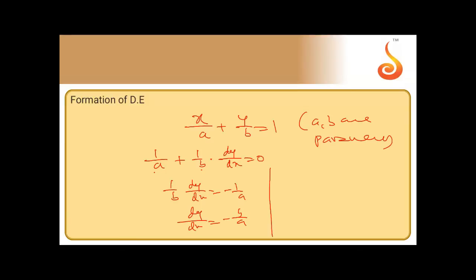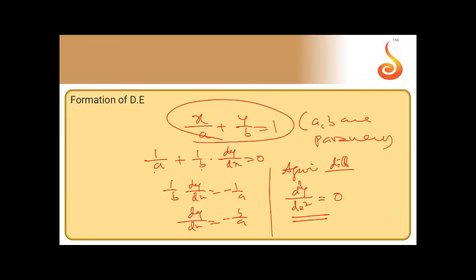So only the first derivative is over, but you have to differentiate twice. So differentiate again. The left side becomes d square y by dx square, equal to 0 on the right side since it is a constant. This is the differential equation of the given curve.